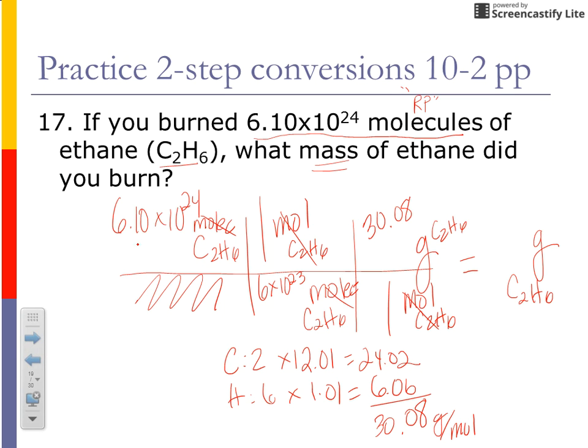And we're going to round this. This has 3 sig figs here. This has unlimited sig figs. This has 4 sig figs. So we're going to round our answer to 3 sig figs because this is our least sig figs. So we would round that to 306 grams of ethane.